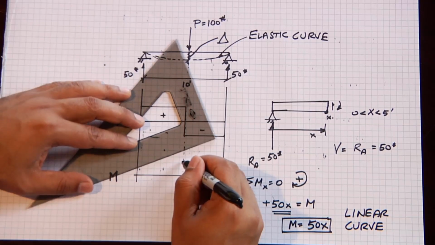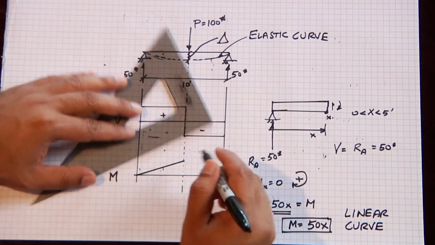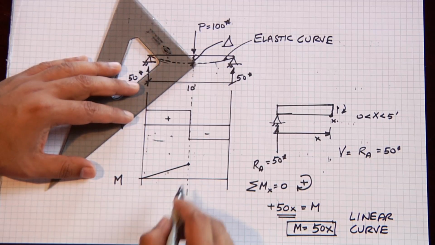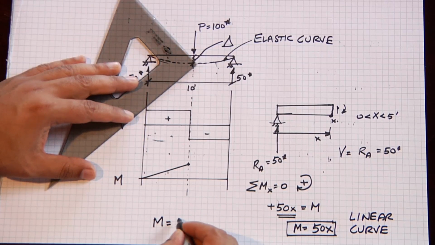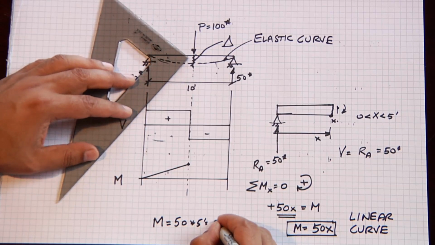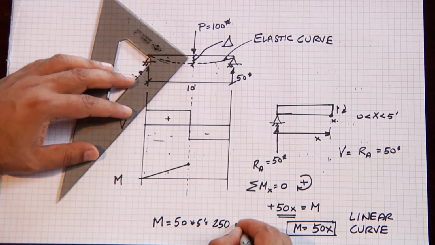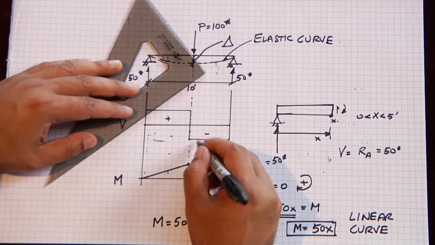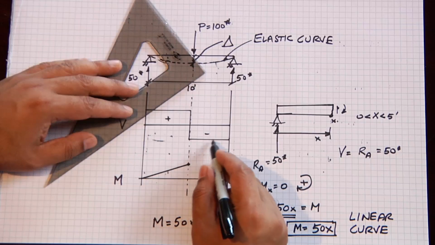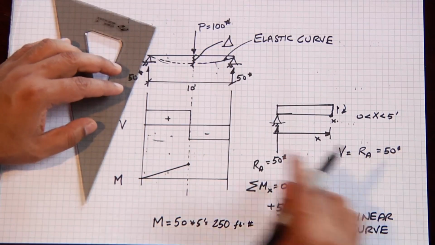And so the moment diagram is going to go up with a positive slope until it reaches the center. The value at the center is 50 times 5 feet, 250 foot-pounds.